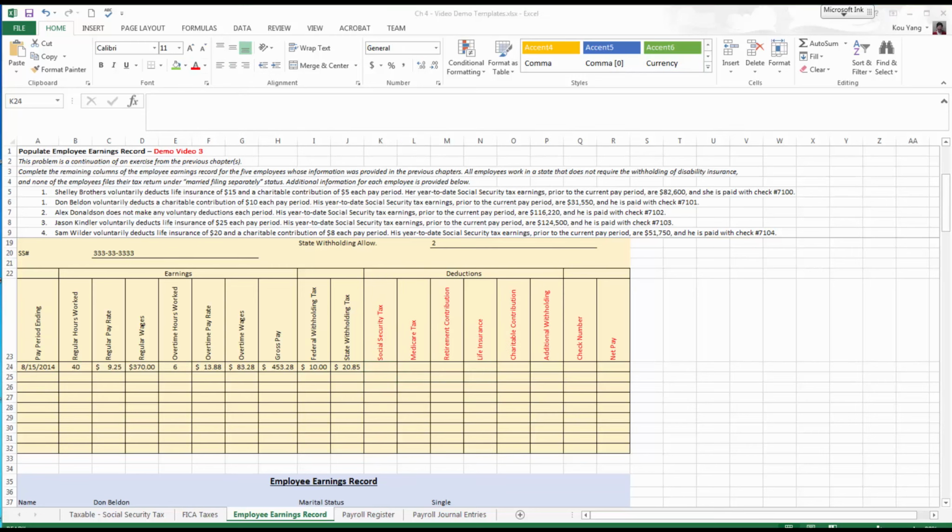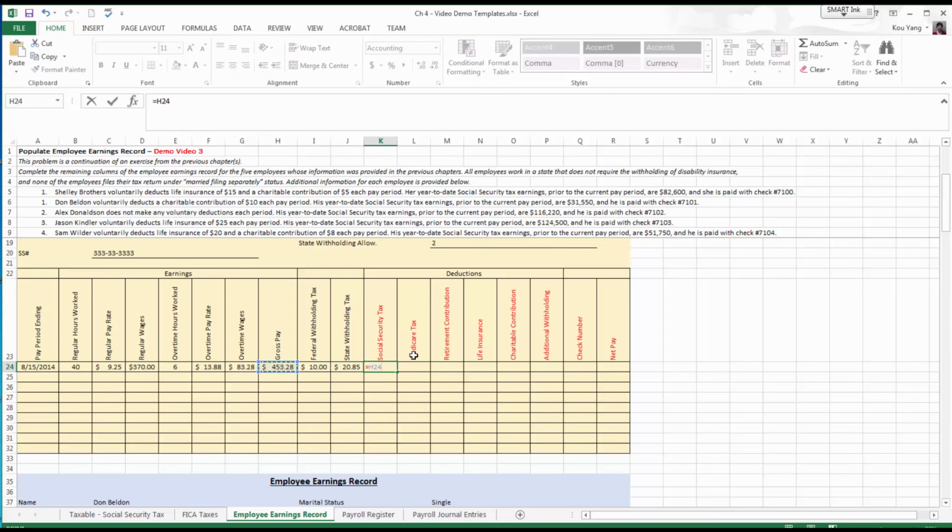All right, so for Social Security tax, I'm going to take her gross earnings. You can do this by hand and then type it in, or you can do it as a calculation in Excel. But when you do calculations in Excel, remember to put in formulas to round them to 2 decimal places.